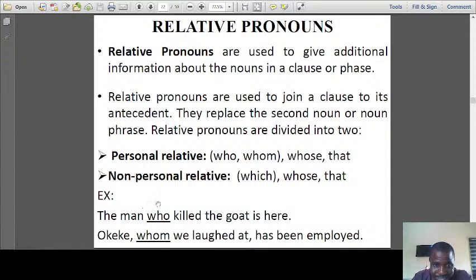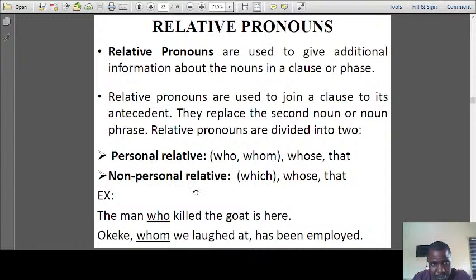So in "the man killed the goat is here," the word "who," which is a personal relative pronoun, has been used to replace it. If it is non-personal, like "the tiger killed the goat is here," it will be "the tiger which killed the goat is here," because "which" is used for non-personal, while "who" is used for personal.